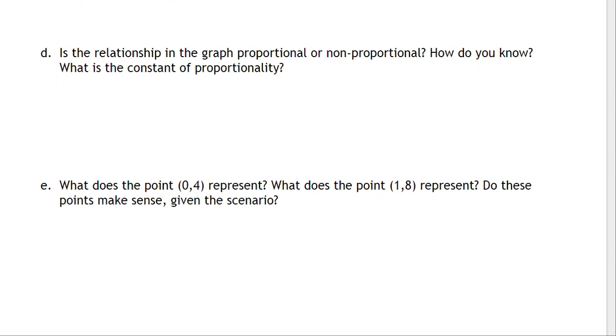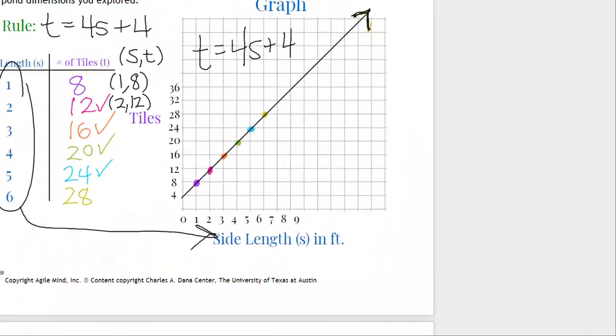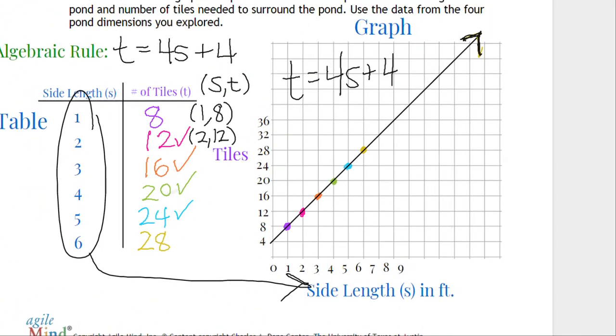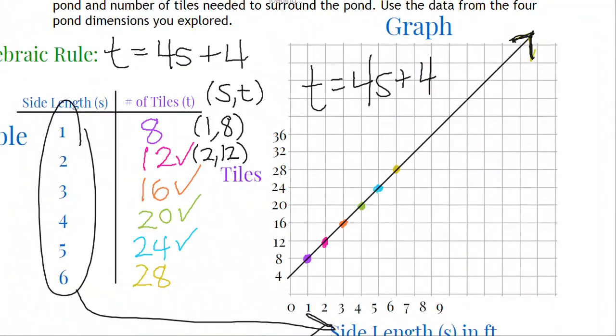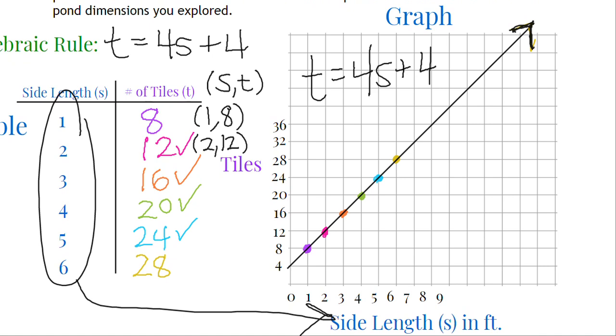How do we know? And what is the constant of proportionality? So let's come up to our graph. Here is the graph of our function. And remember, for a graph to be proportional, it needs to be a straight line, and it needs to go through the point 0, 0, which is the origin.